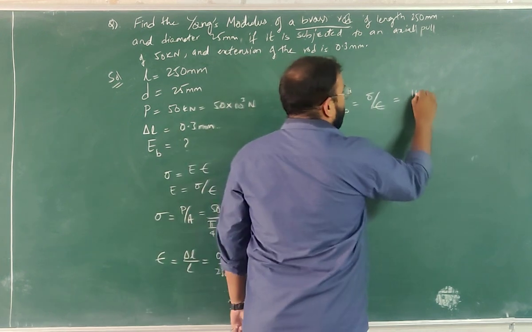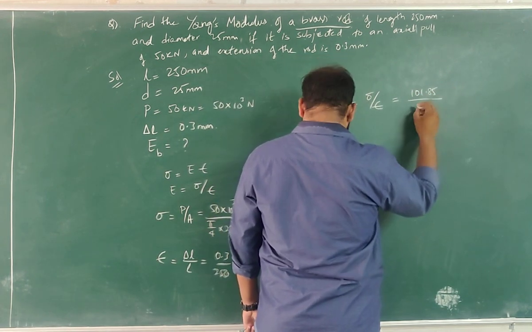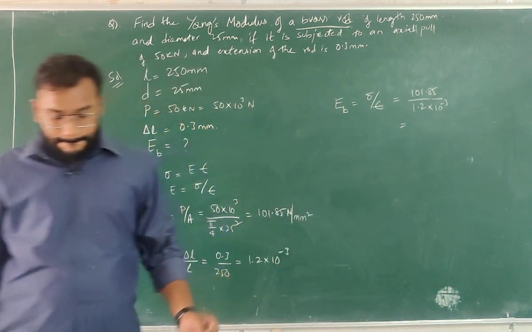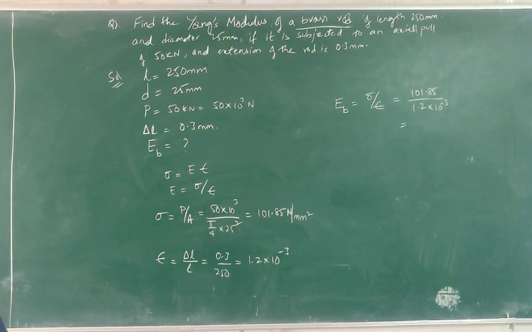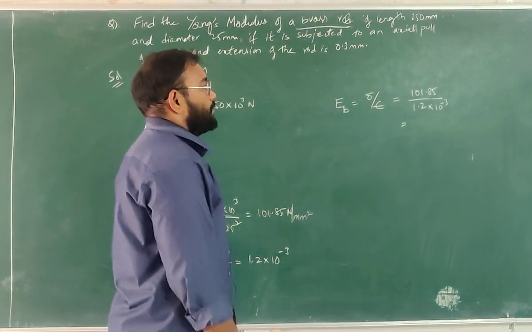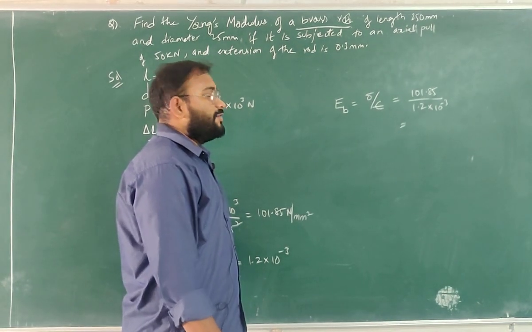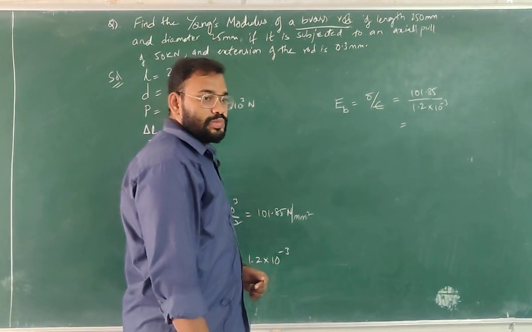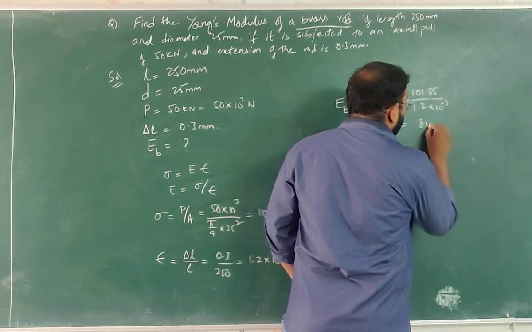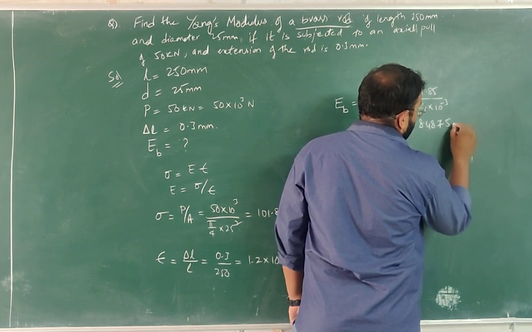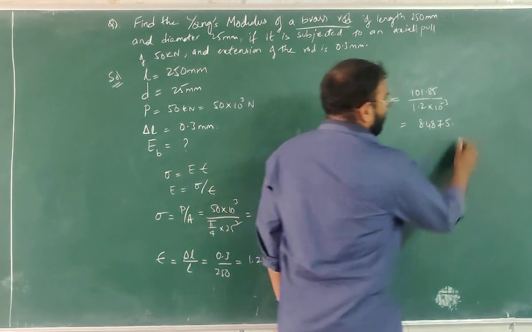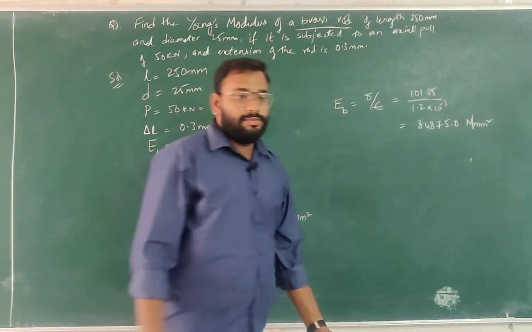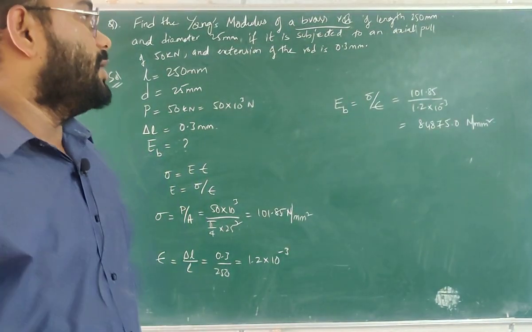So 101.85 divided by 1.2 10 power minus 3. 101.85 by 1.2. 84875 point, okay, 0.0 Newton per millimeter square. Units for Young's modulus will be Newton per millimeter square.